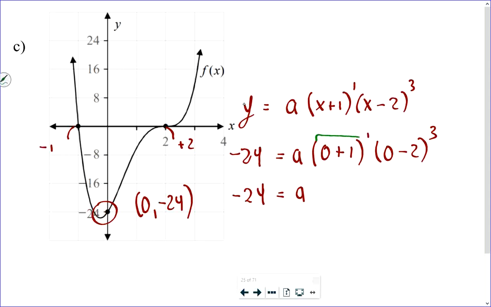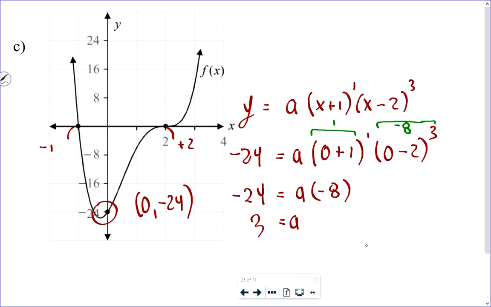This is 1. This whole thing is negative 8. So you end up with negative 8 times a equals negative 24. When you divide both sides by negative 8, you get 3.